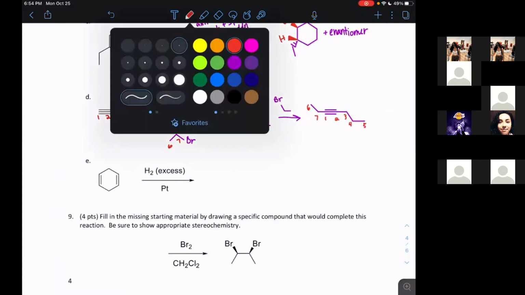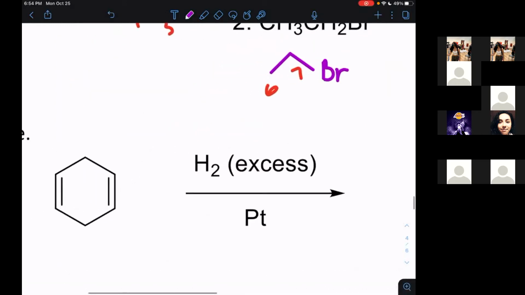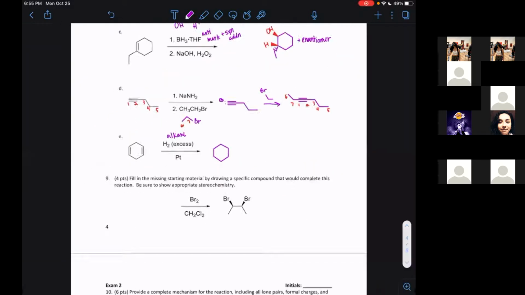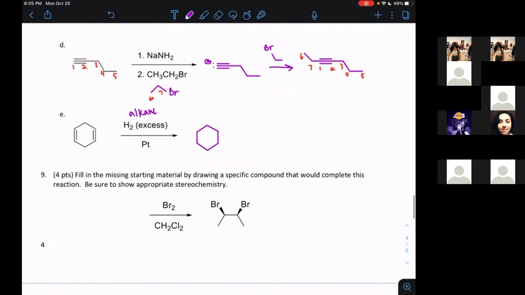And then this last one just adds hydrogens instead of the double bonds, so it's the same structure but an alkane. Cool, so that's that one.